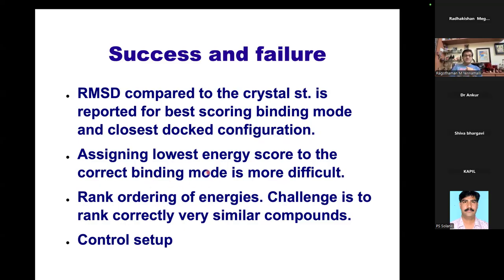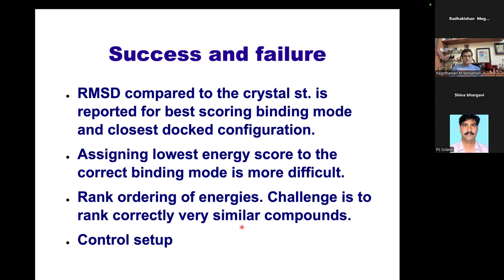So ranking of the energies based on the lowest energy score is also a very successful way of finding out. As I said, you want to find one that has the maximum number of interactions, and has a very similar binding energy or lower, meaning a very low number in kilocalorie per mole, compared to the known molecule.